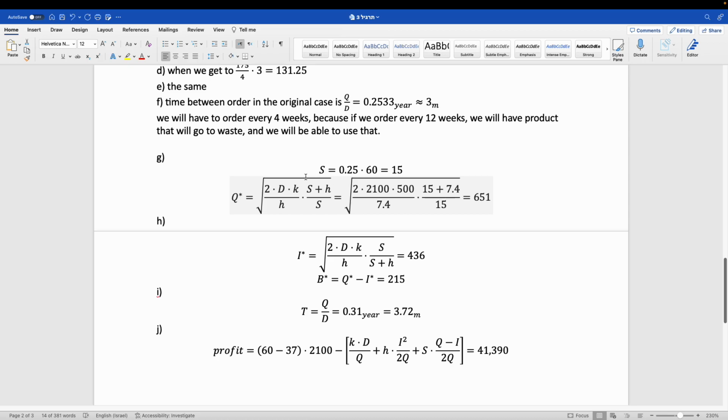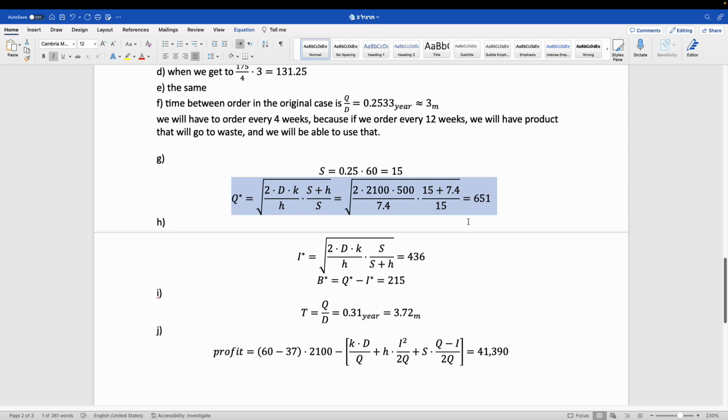In order to do that, we write the shortage value, and then we use the same EOQ model, only with shortage allowed, to calculate the total order amount, which is 651. We see it changed quite a bit, so we need to order much more, and remember that we allow shortage this time.